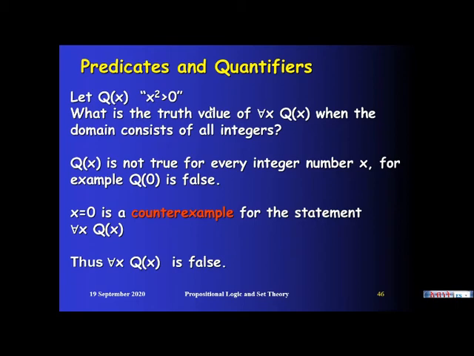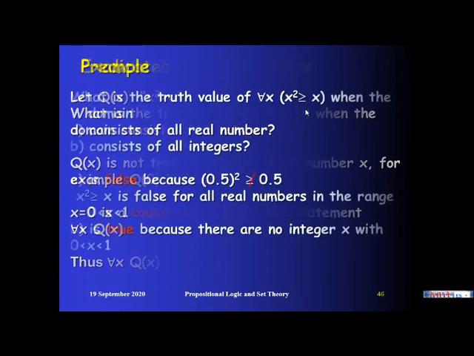So for all x, q of x has a false truth value. What about, instead of for all x, there exists an integer x such that q of x? I leave this for you to answer.